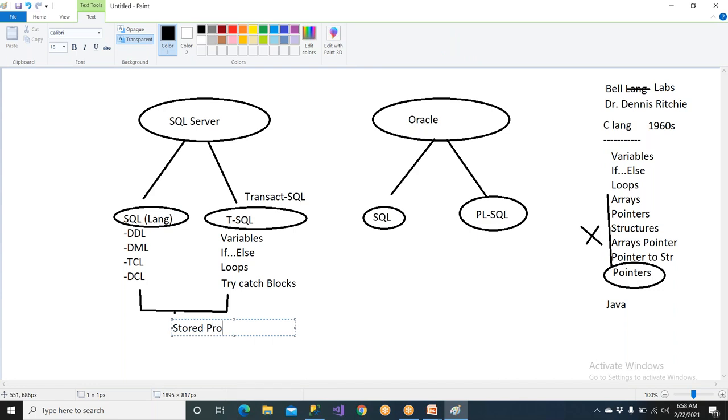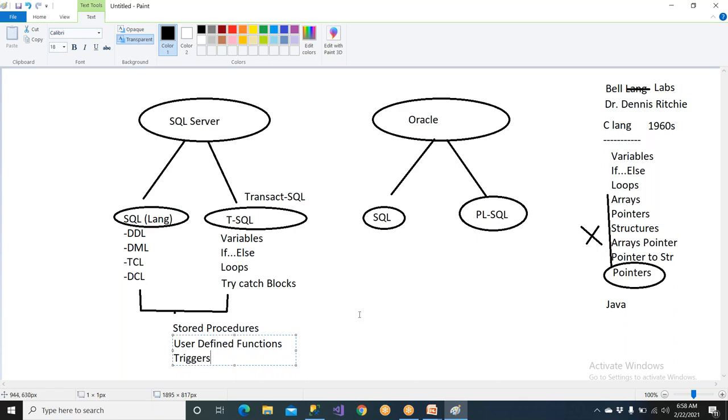Clear? So if you want to know stored procedures, in the stored procedures we use what? We use SQL plus T-SQL, and we use user defined functions, right? We use user defined functions, we use triggers.